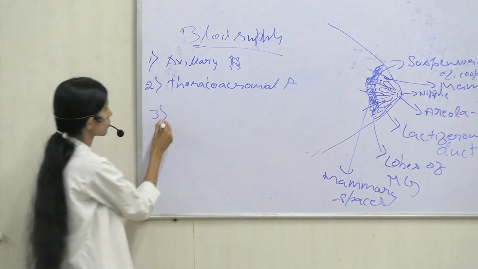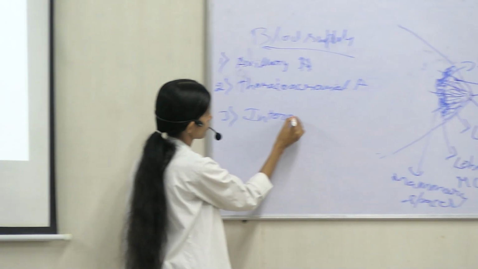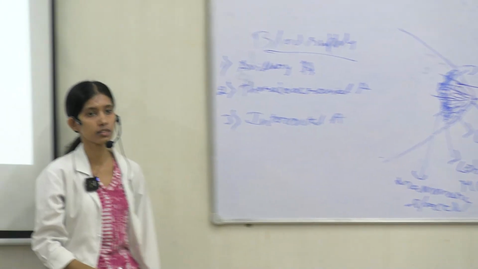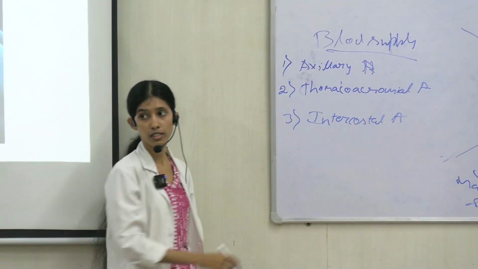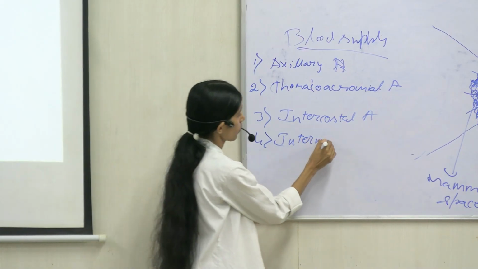Next, intercostal arteries. Intercostal arteries. Any other arteries? Internal? Okay, internal thoracic artery.